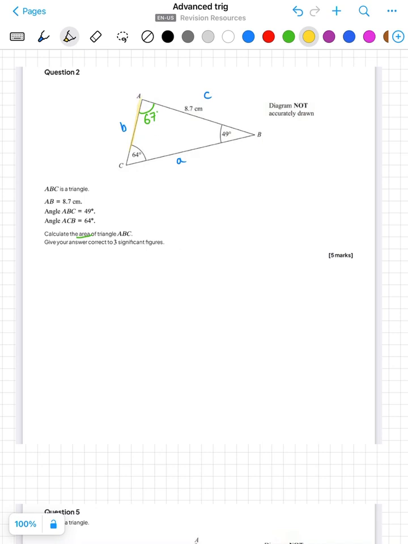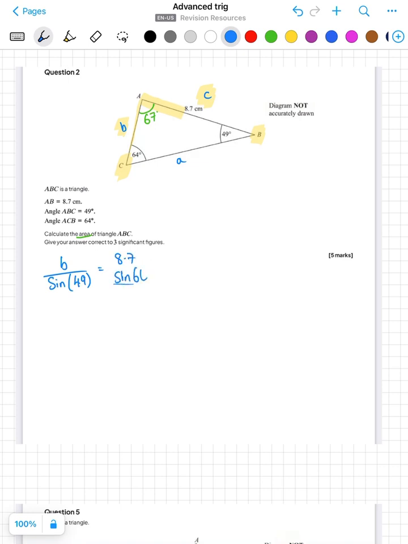So for our area, let's just go for this angle sandwich. So we want to find side B. We have angle B, we have side C, and we have angle C. So let's use our sine rule to find the length of B. So that's B over sine 49 equals 8.7 over sine 64.